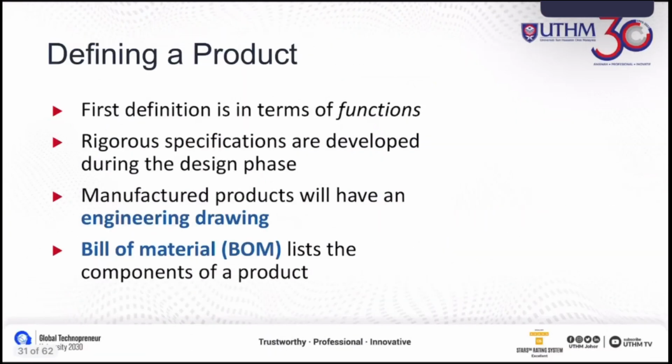Okay, so now the next one would be defining a product. When you want to develop or design a product, you need to know this kind of thing first. The first one is you need to define the product in terms of its functions.